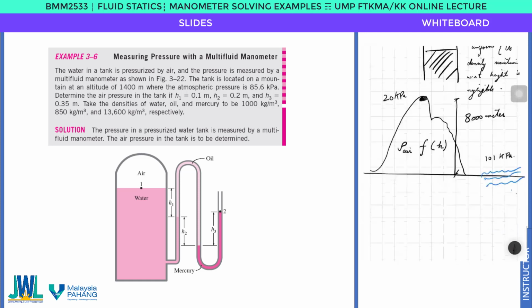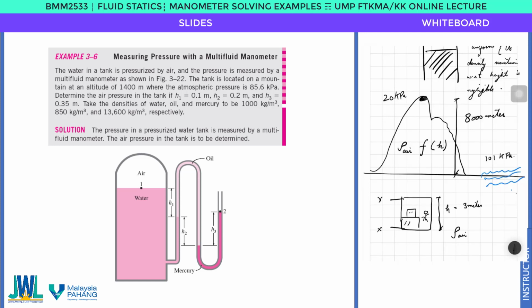But let's say you are in a room playing PlayStation. In that room, the height is only 3 meters. So the density of the air remains the same at the top and at the bottom.